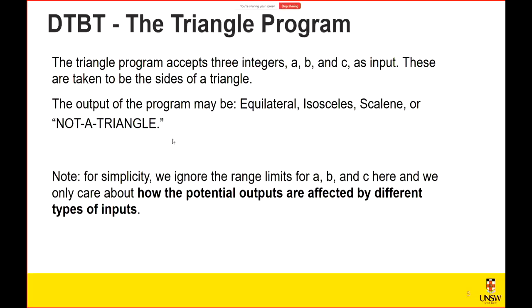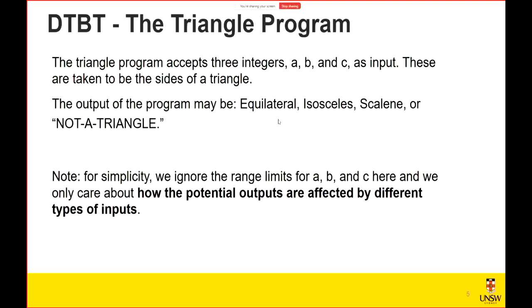And for simplicity here, let's just ignore the range limits of a, b, and c, and we only care about, because decision table is more about the logical relations between inputs and outputs.